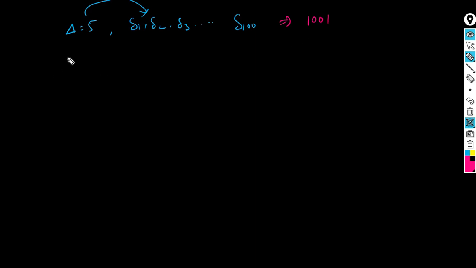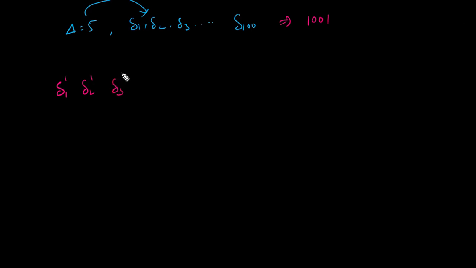We will sort all the points. Now we will get delta 1 dash, delta 2 dash, delta 3 dash, similarly somewhere we will get delta, and finally we will get delta 1000 dash.